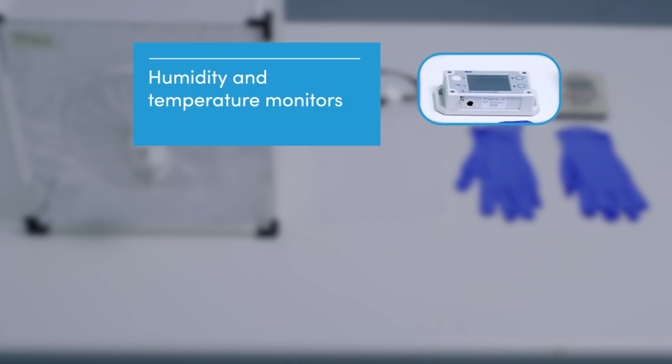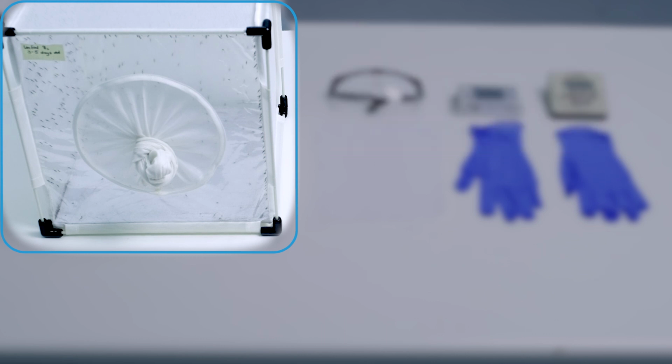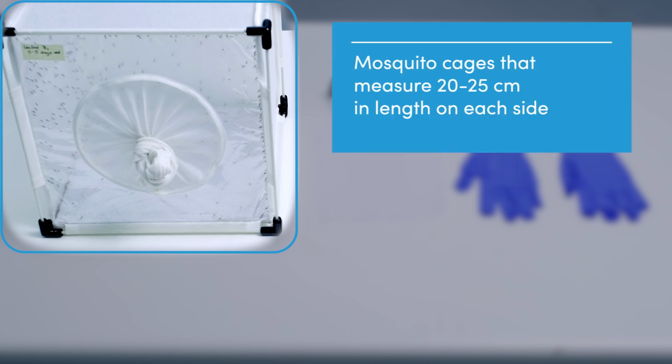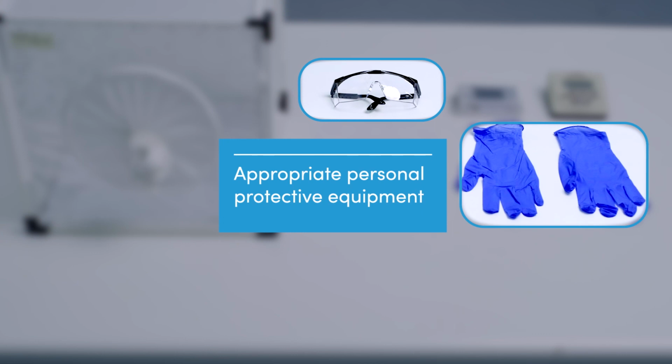Calibrated traceable humidity and temperature monitors or data loggers. 25 non-blood-fed female mosquitoes that are 3 to 5 days old per test tube. Mosquito cages that measure 20 to 25 centimeters in length on each side. Lastly, you will need appropriate personal protective equipment.